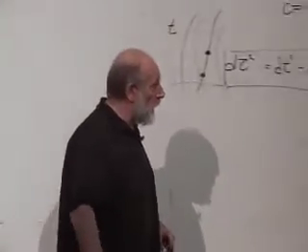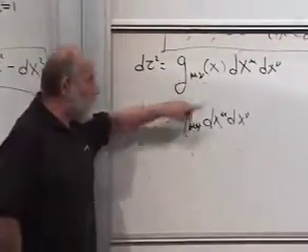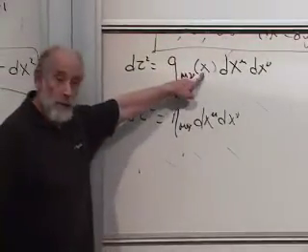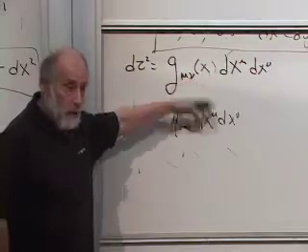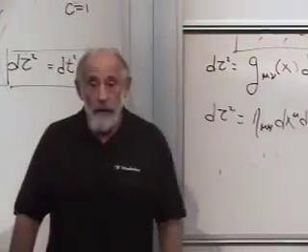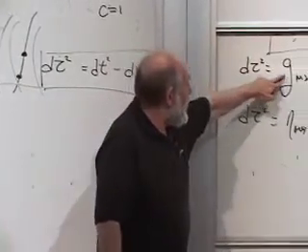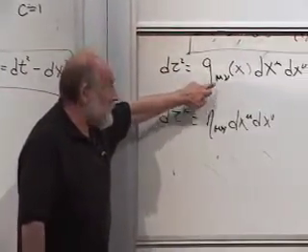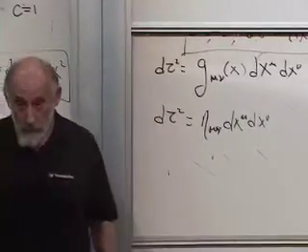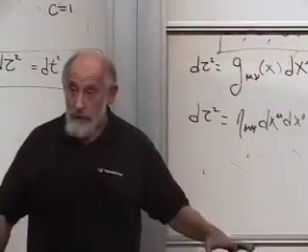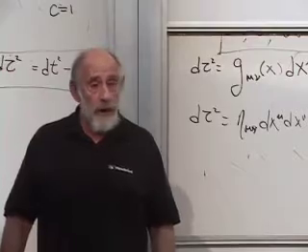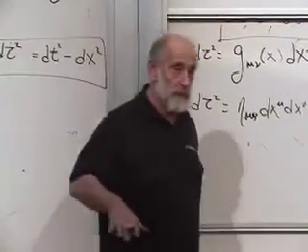In a general space-time, these metric components are functions of all of the coordinates. A particularly simple kind of space-time is one where the metric only depends on time and doesn't depend on space. That's the sort of situation you have when space is homogeneous.